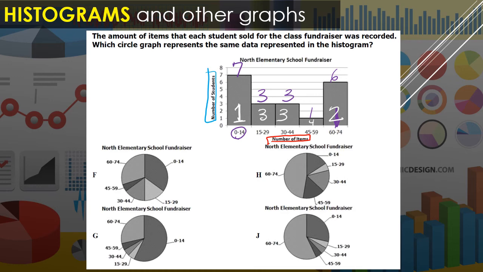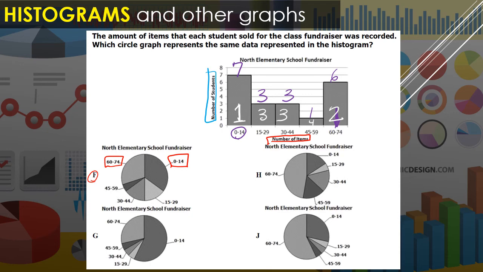So let's go ahead and figure out which circle graphs match this data here. When we look at letter F, the circle graph, we can see that the biggest piece is 0 to 14. Our next biggest piece should be 60 to 74. So this graph is matching up nice here.